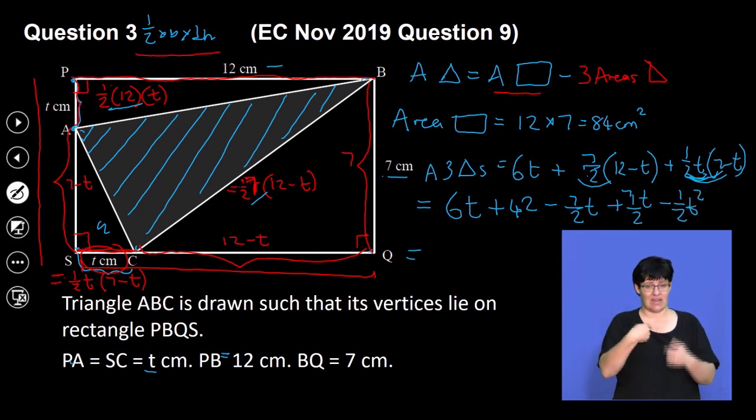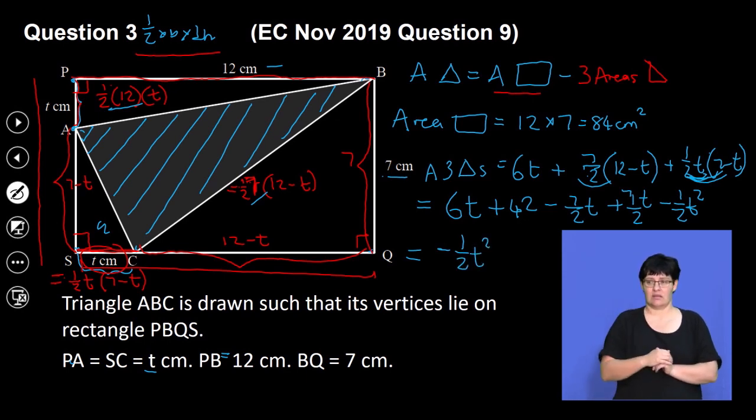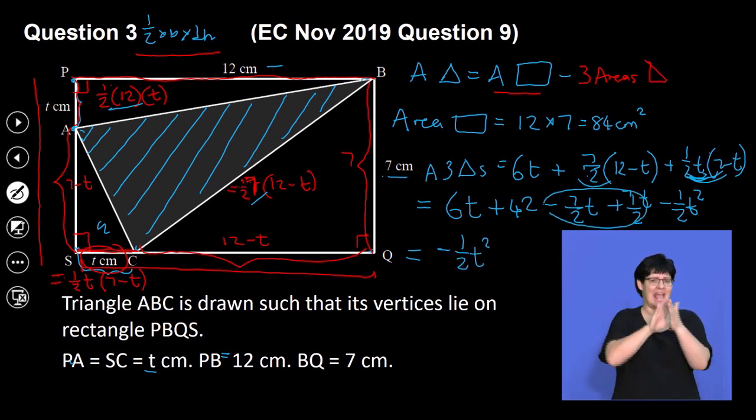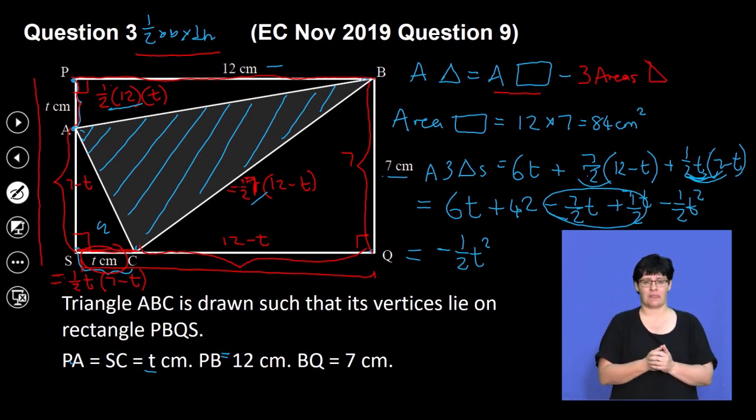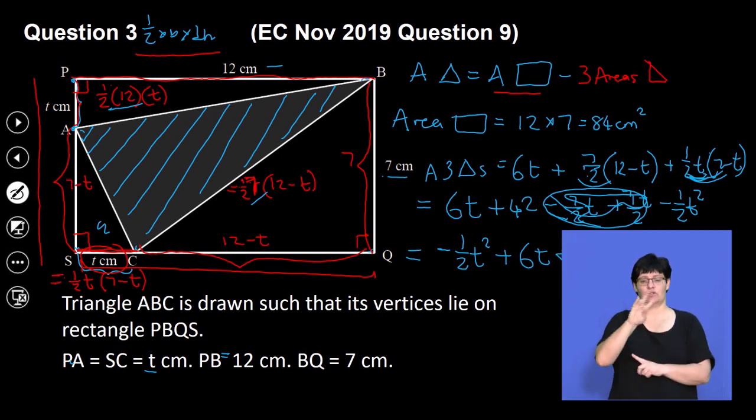All right, that gives us minus a half t squared. These two t terms actually cancel each other out, so I have minus 7 over 2 t's plus 7 over 2 t's, which obviously gives me 0t, so those disappear, and I'm left with my plus 6t and my plus 42.